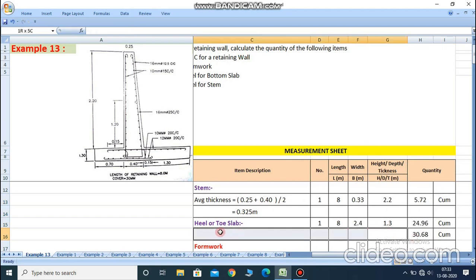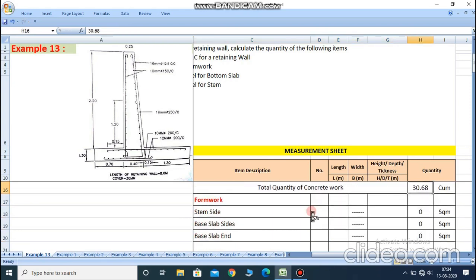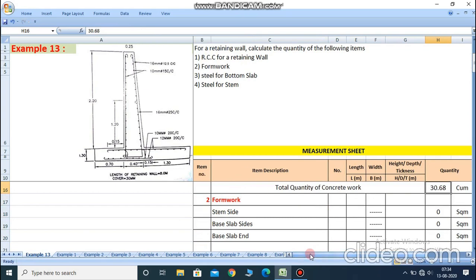So the total quantity of concrete work is 30.68 cubic meter. Now next we find out the formwork.